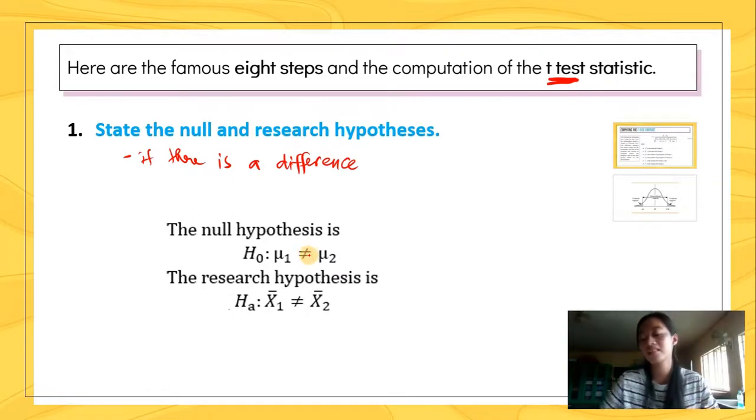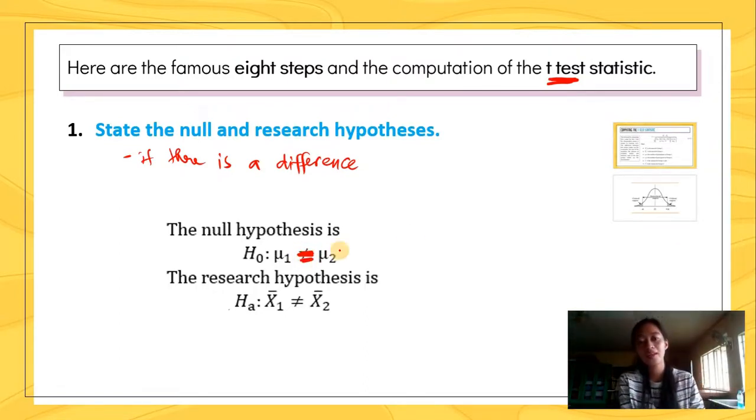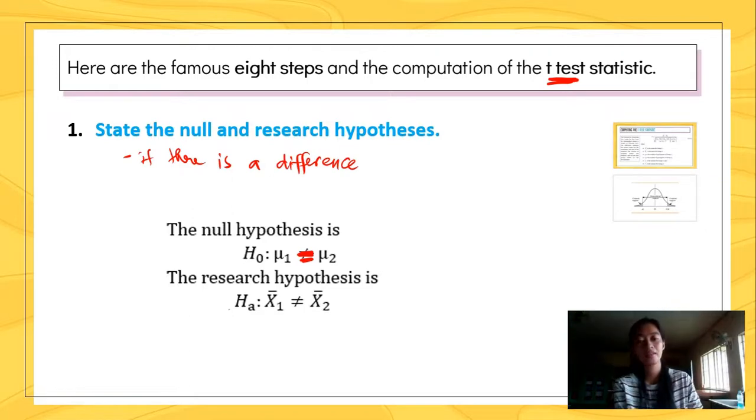Let me check. Maybe this is a mistake. Oh, it should be equal. Sorry for this one. The group 1 and group 2 means are just equal. But for the research hypothesis, the sample means x sub 1 and x sub 2 are not equal.